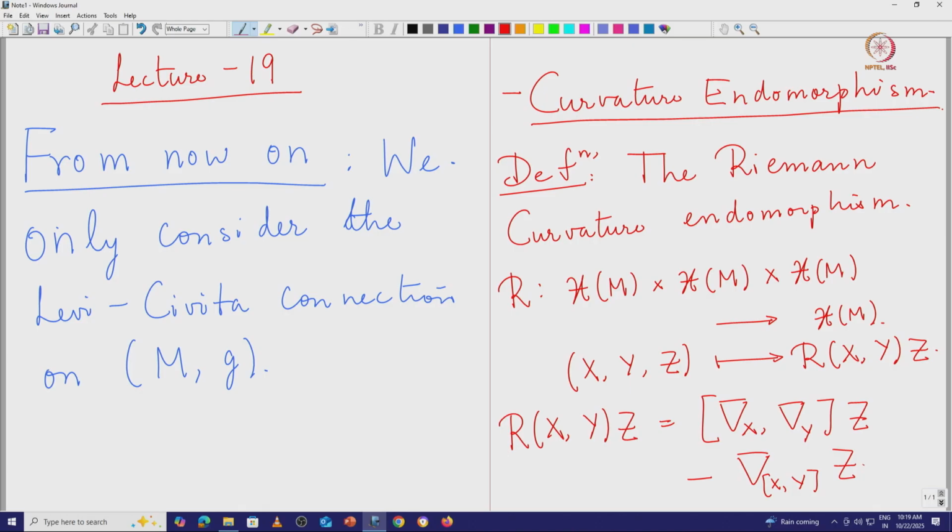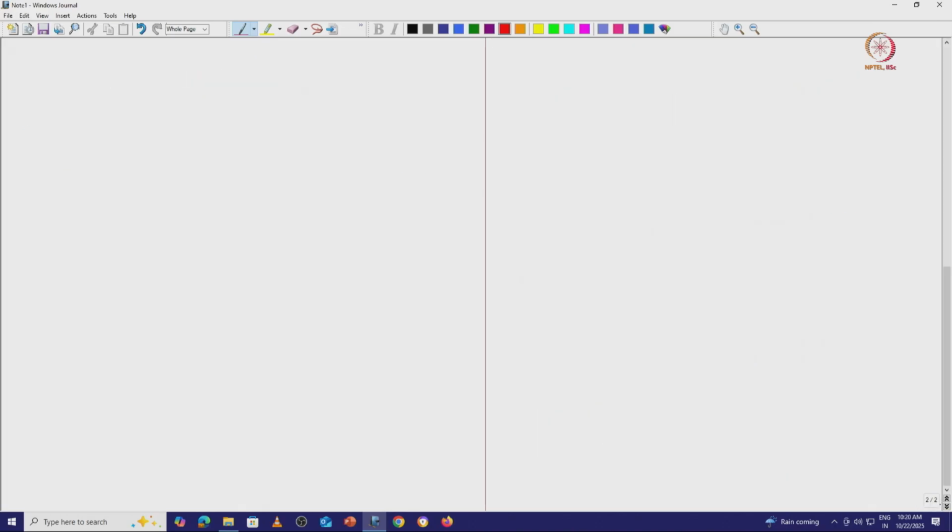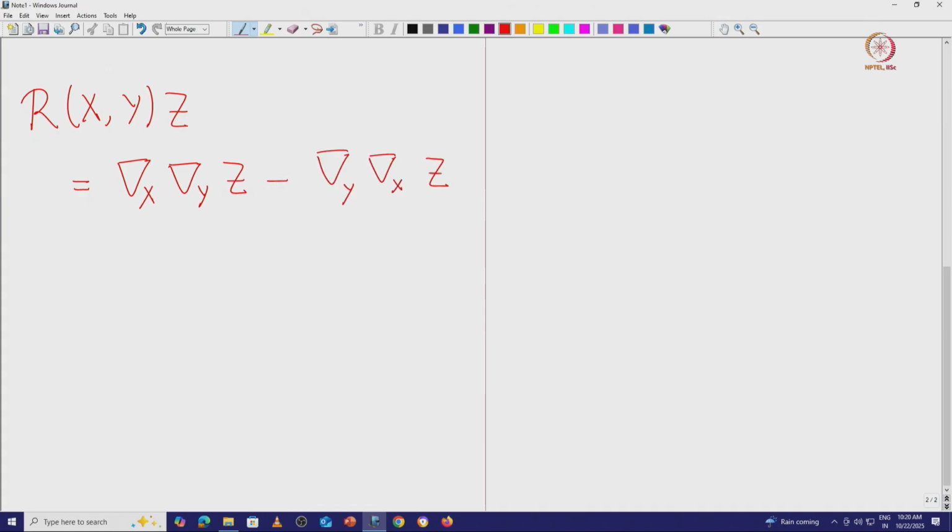So let me expand this out. R of X comma Y on Z is simply nabla X nabla Y Z minus nabla Y nabla X Z minus nabla of the bracket [X, Y] of Z.